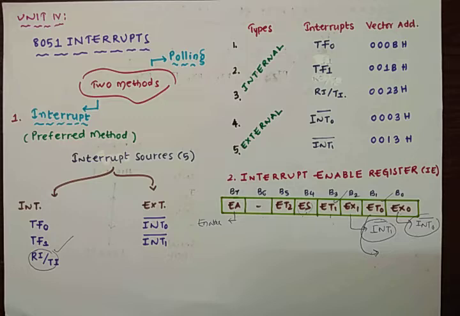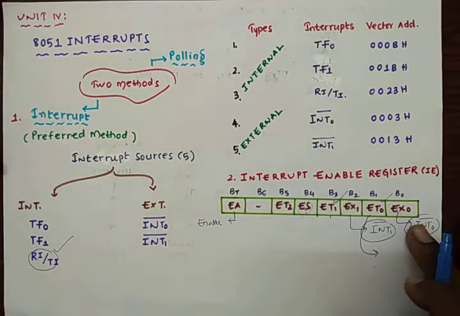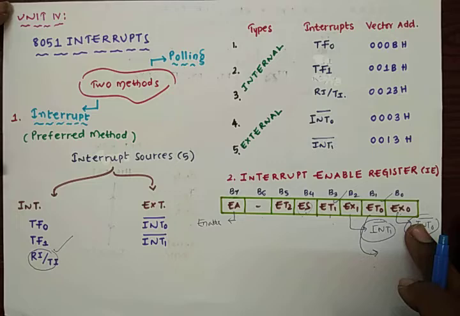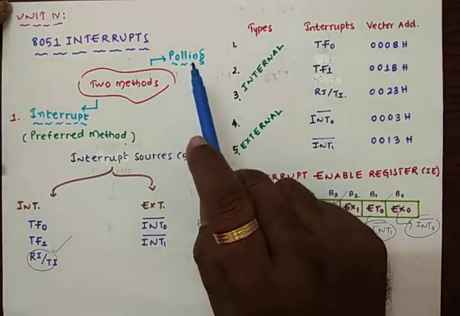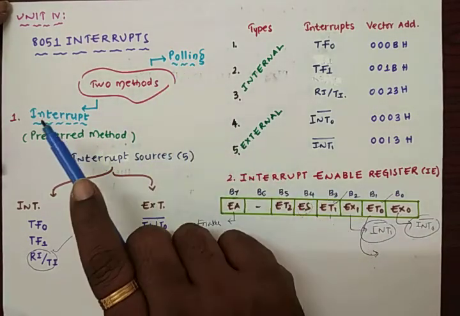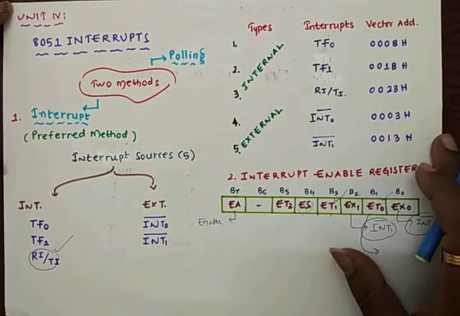When the microcontroller is interfaced with the input-output devices, it has to give service to those devices. It can do so in two methods. One is the polling method, another one is the interrupt method.